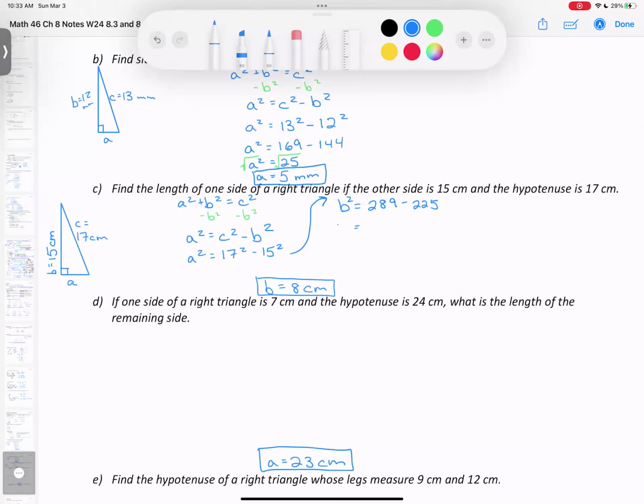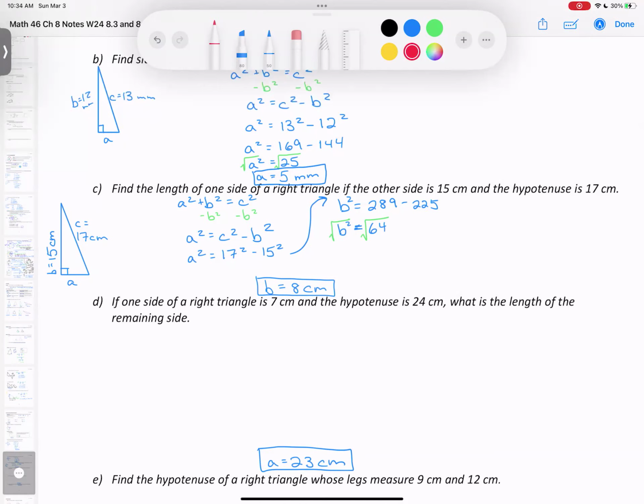Okay, and so what does that give us? 289 minus 225, I get 64. So now we know that whatever the side length B is, that value squared gives us 64. So let's take the square root of both sides. And so again, why I'm doing that is because I know what B squared is.